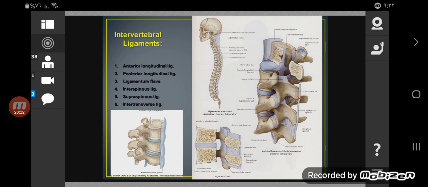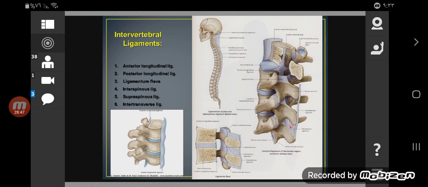Okay, the tips of the spinous processes of two adjacent vertebrae are connected together by the supraspinous ligament. This is the supraspinous ligament. The supraspinous ligament attaches to the tip of the spinous processes of the two adjacent vertebrae.